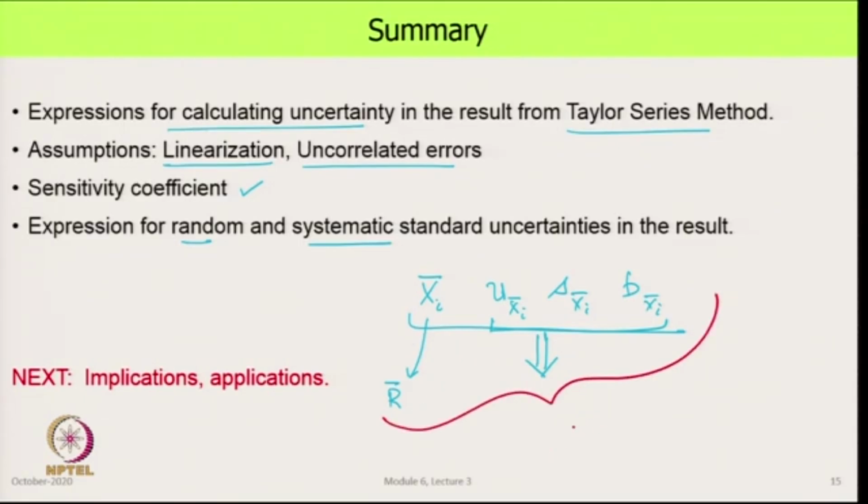We saw how we can calculate u r bar, the combined standard uncertainty in the result, S r bar and B r bar. And then of course, from there onwards you can calculate the expanded uncertainty of the result. This formula is what we were looking for to convert all of this to this. In an earlier slide, we have seen what this formula is, and so we have all the mathematical tools required to calculate the uncertainty in a result.